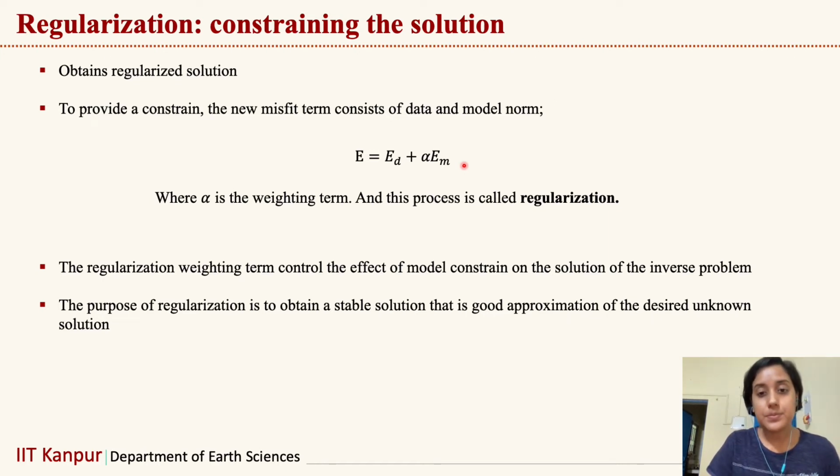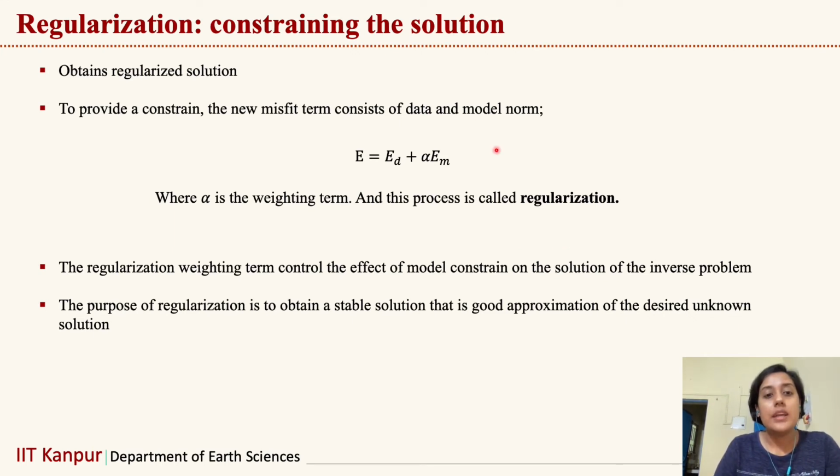So this is the complete form in case of regularization. Now you will get a brief idea about regularization, and I'll discuss it in more detail in the lecture that I'll prepare completely for regularization.